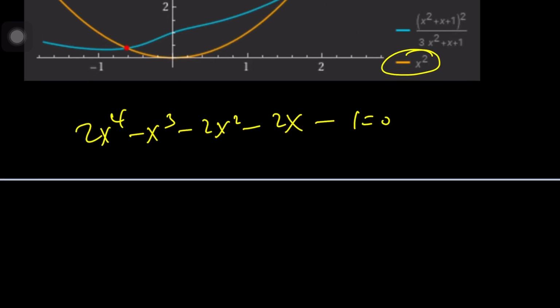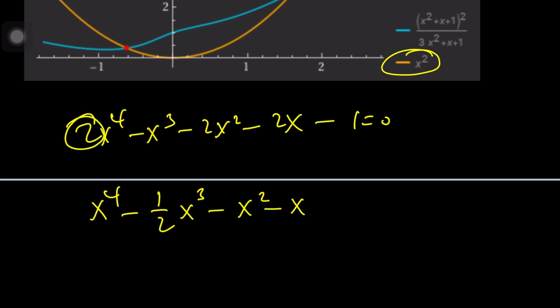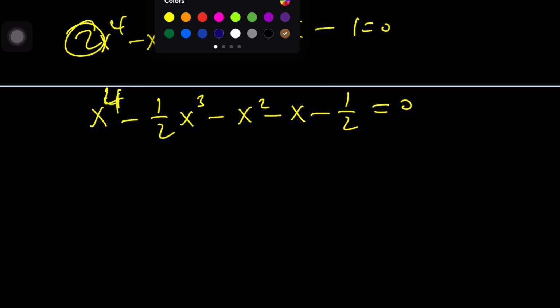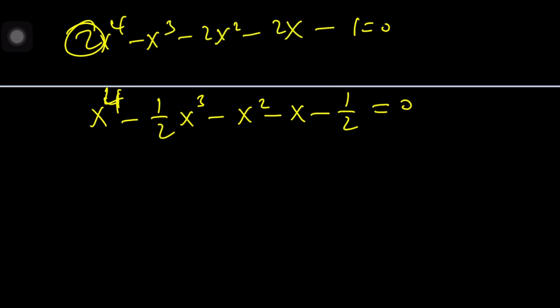First of all, you want this to be monic, which means get rid of the coefficient of x to the fourth. Divide everything by 2. You're going to get something like this. And now, here's where the magic starts. You can replace x with y minus, so here's the thing.